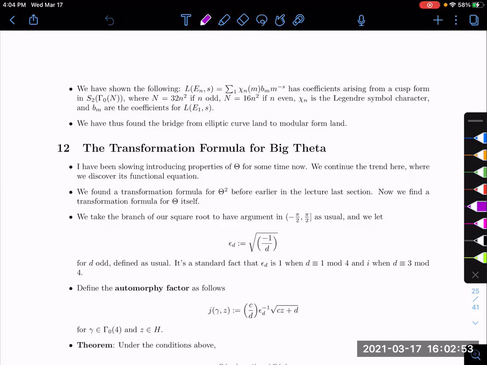And what we saw last time is we're going to be able to take this information that we've been working with in elliptic curve land as it relates to the congruent number problem and move it over to the land of modular forms.